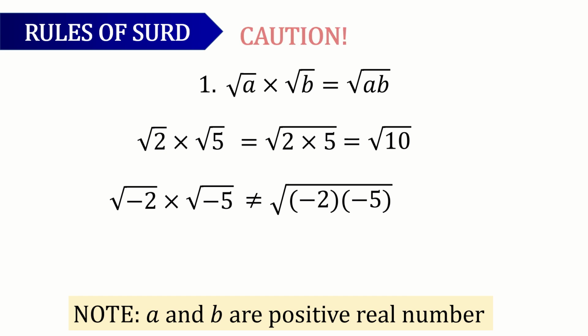We cannot take the square root of negative 2 times negative 5, which is surd 10. This is not equivalent because we already discussed that a and b must be positive real numbers, and in the previous chapter we already know that the square root of a negative number is an imaginary number. That's not a real number, so be careful when using these rules.